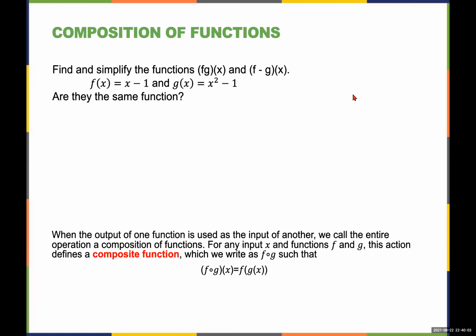Find and simplify the functions f g of x and f minus g of x. Given the two functions f of x and g of x, f of x is equal to x minus 1 and g of x is equal to x squared minus 1. Are they the same function?